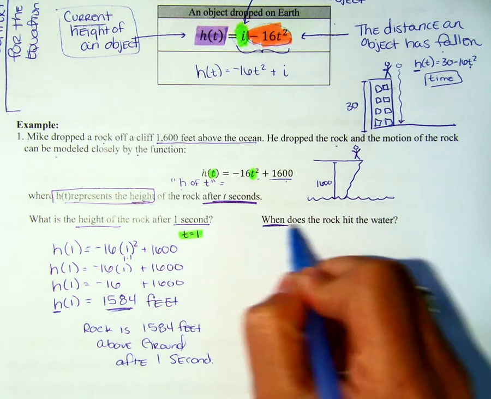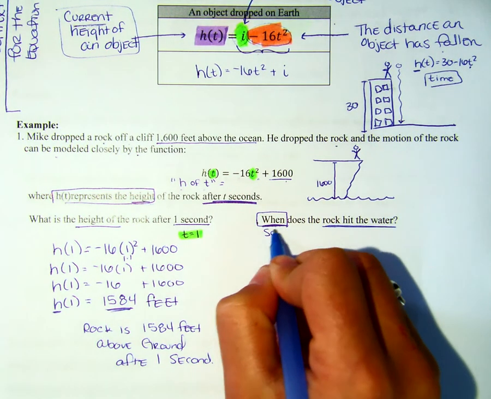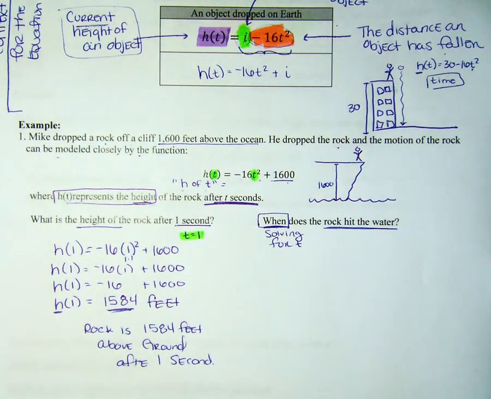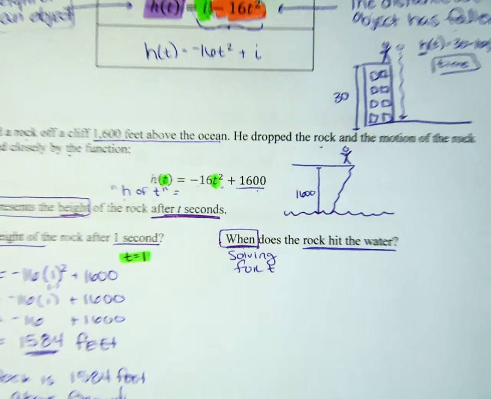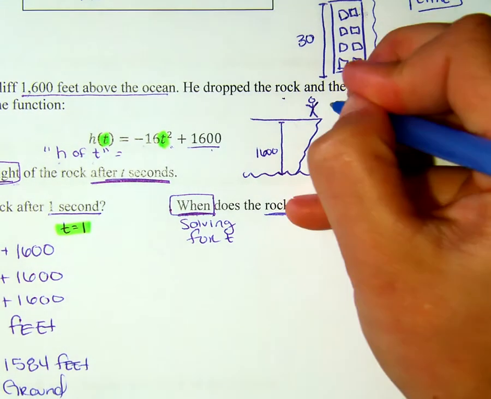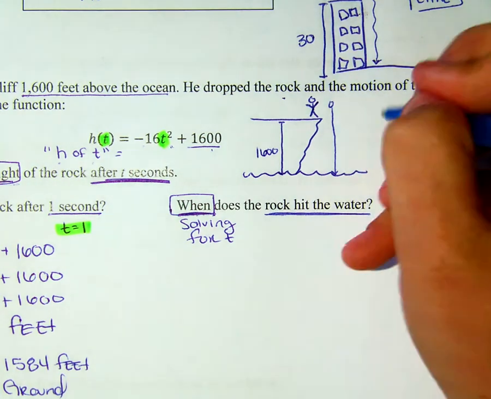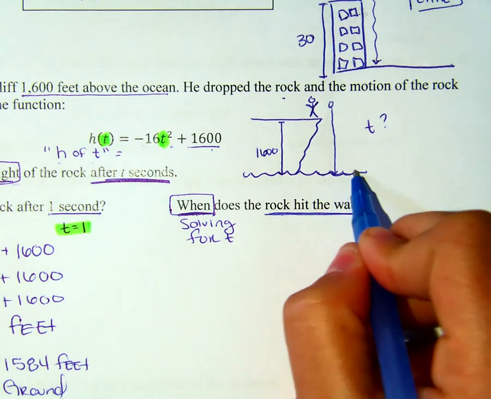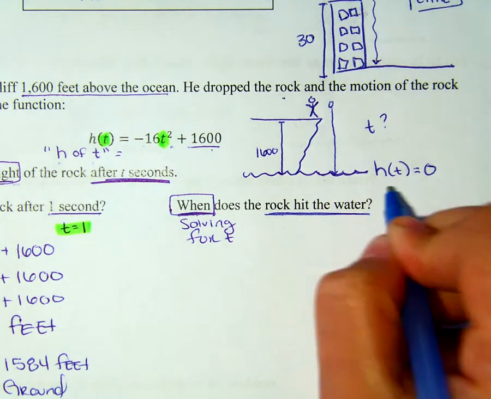When does the rock hit the water? So if we're talking about when, we're solving for time. And when does it hit the water? So this is where we have to make a little bit of an inference. So if this is our image, and you're dropping a rock, we're wondering after how much time does the rock actually hit the water, which means when the height is 0.